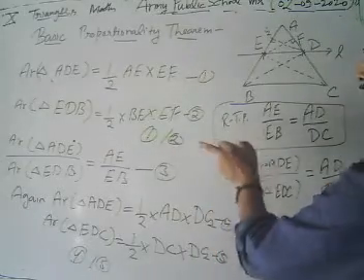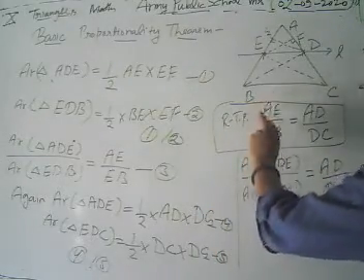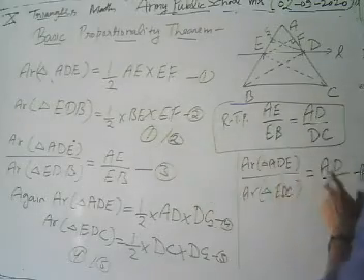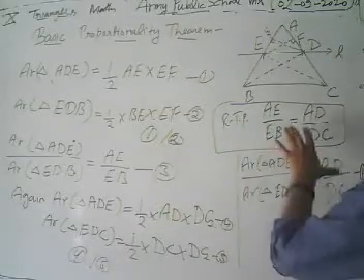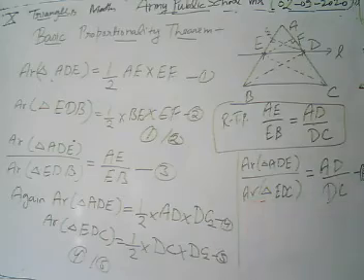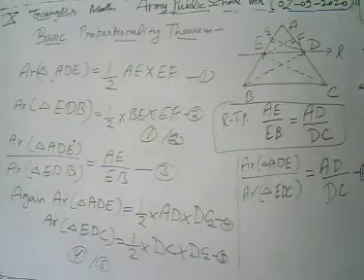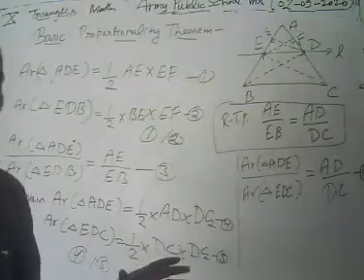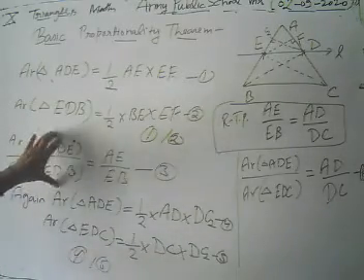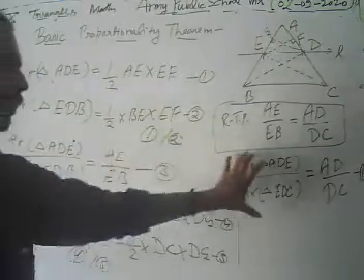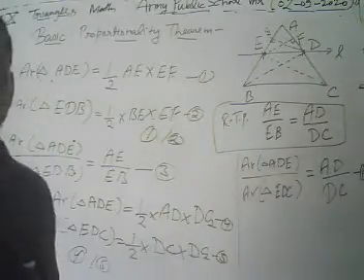What we have to prove is that AE upon AB is equal to AD upon DC. Means we have to prove that our right-hand sides are equal. Obviously, for the right-hand sides to be equal, it only happens when the left portions of equation number 3 and 6 are equal.